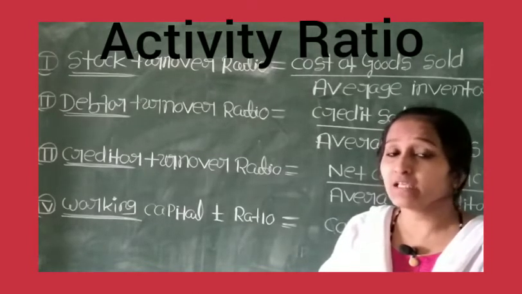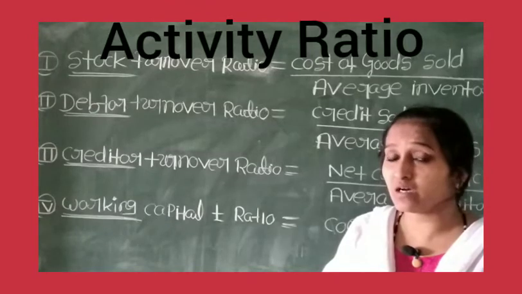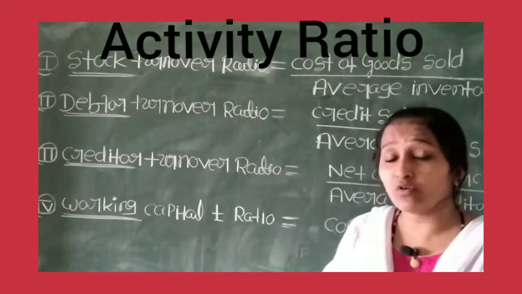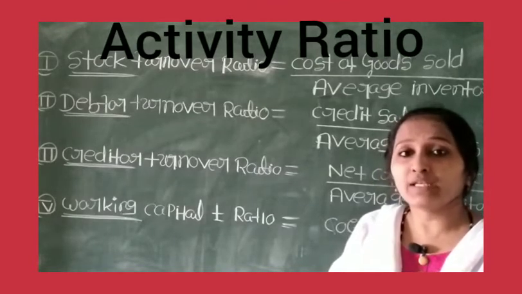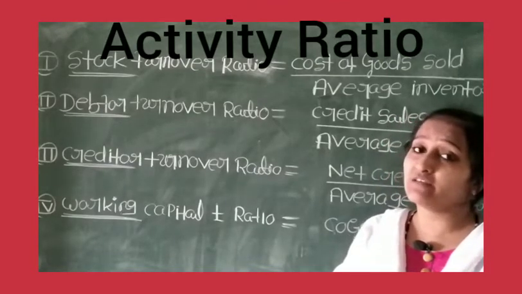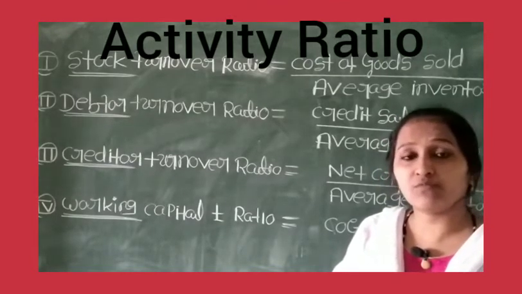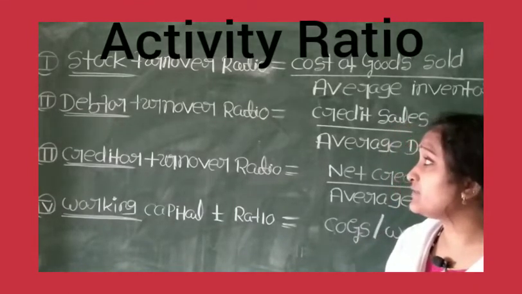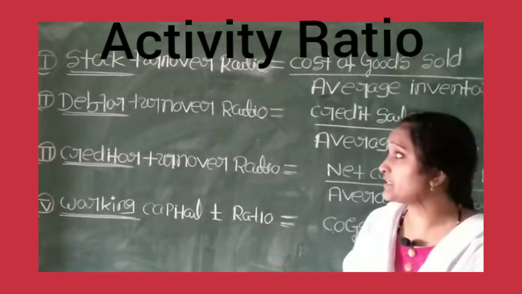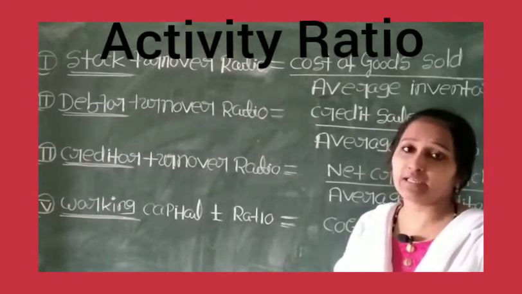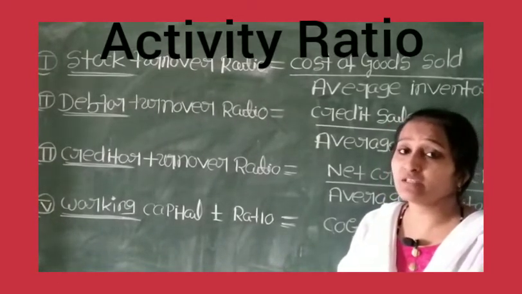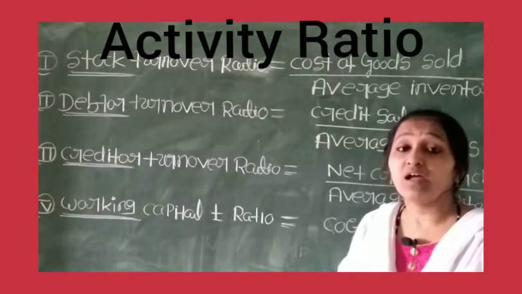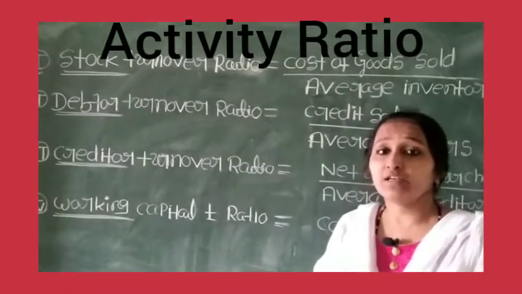Here in this ratio we will come to know how active the company is, how capable the company is of selling its products, whether it has the efficiency or not. Activity ratio is segregated into 4 types: number 1 is stock turnover ratio, then debtor turnover ratio, creditor turnover ratio and working capital turnover ratio.